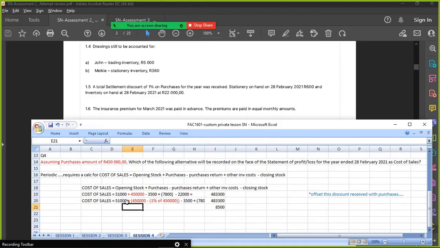Okay, so let's update that and see what we get. But that'll decrease it. Okay, so 1% of 450,000 is 4,500.